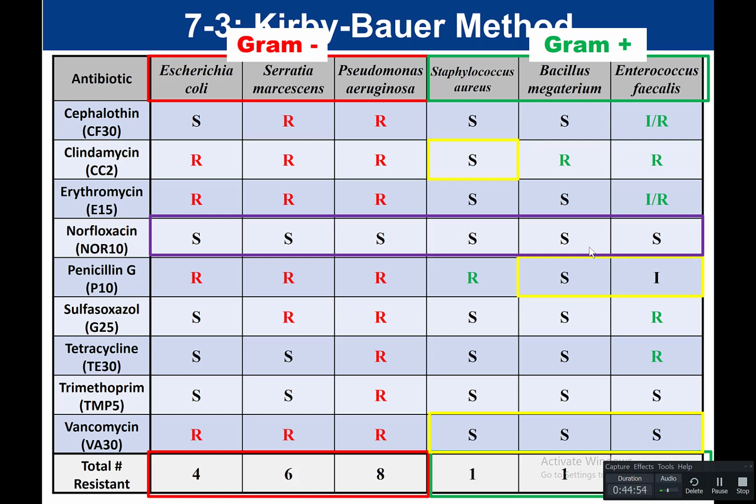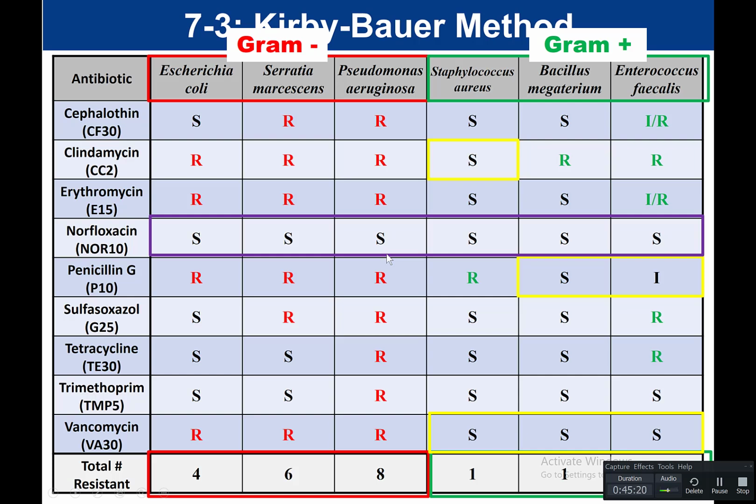That is a good and a bad, right? Again, it can be a downside because it gets rid of normal flora. And we don't want to overuse drugs that are very broad spectrum because they're useful, right? If you have a patient that has a Pseudomonas aeruginosa infection, well, you better hope that it's sensitive to norfloxacin.